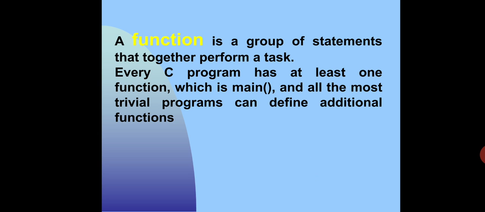In every C program, there will be at least one function, that is the main function. We know that without the main function, the execution will not be done. The compiler looks for where the main function is and then our execution will start from the main function. So in every C program, there will be at least one function, and it can contain all other additional functions.